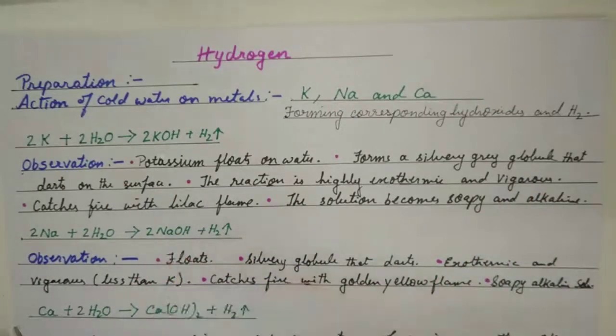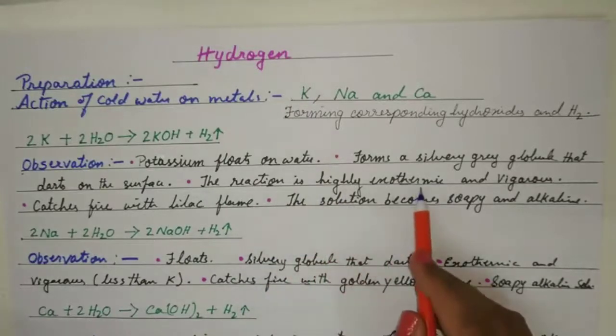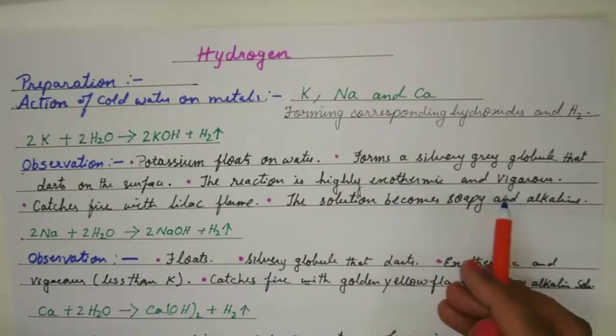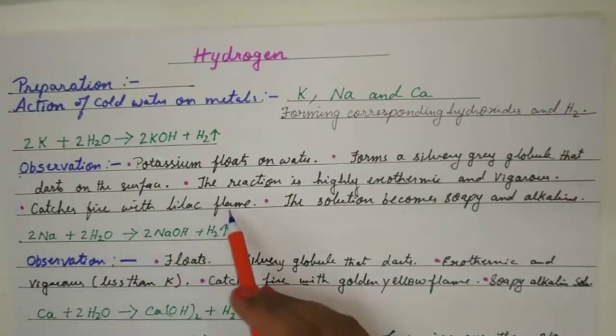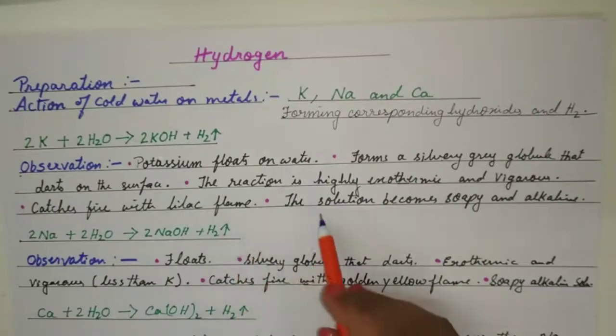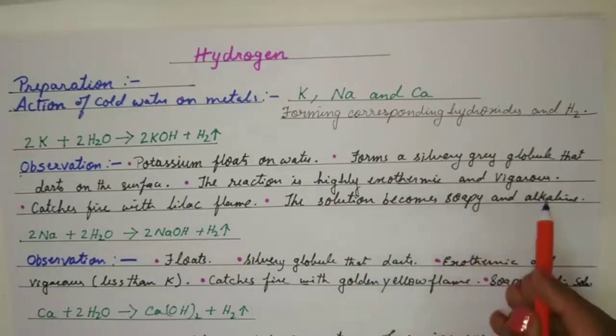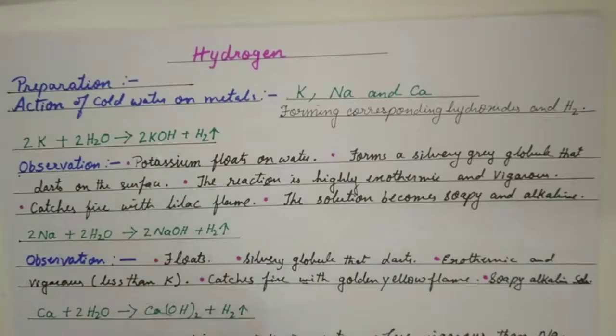It will react, jump, so it will dart on the surface. The reaction is highly exothermic, vigorous, and it is so vigorous and reactive that it will catch fire with a lilac flame. And the solution will become soapy and alkaline, because what are you forming? KOH. So definitely the solution will be soapy and alkaline.